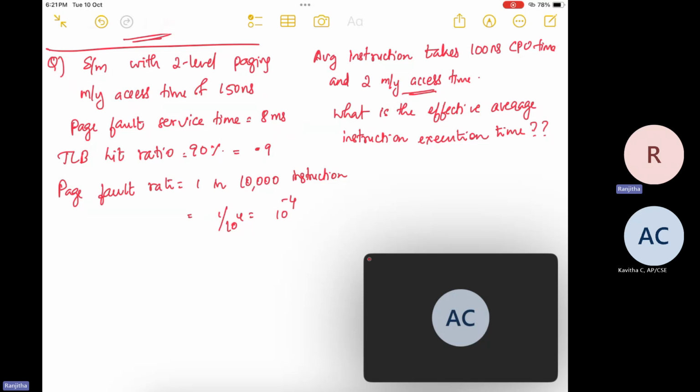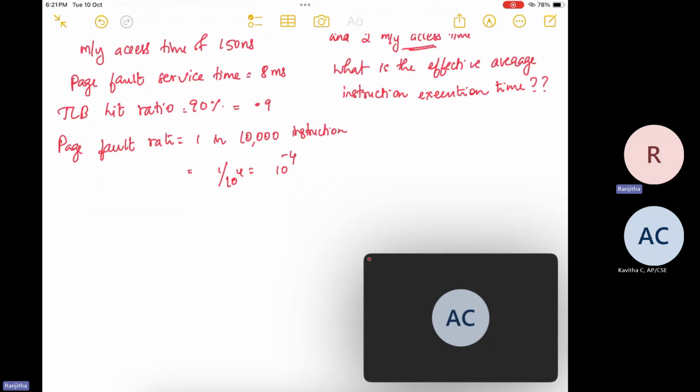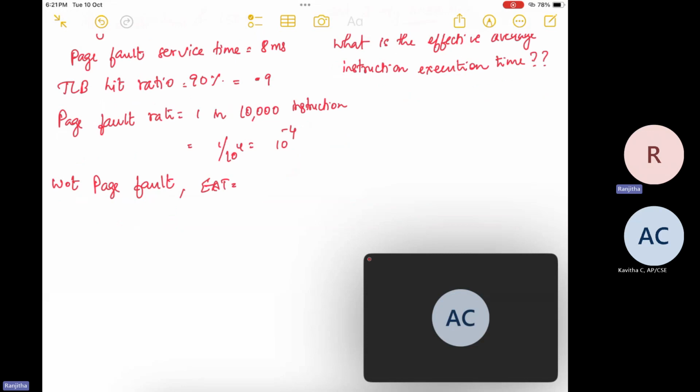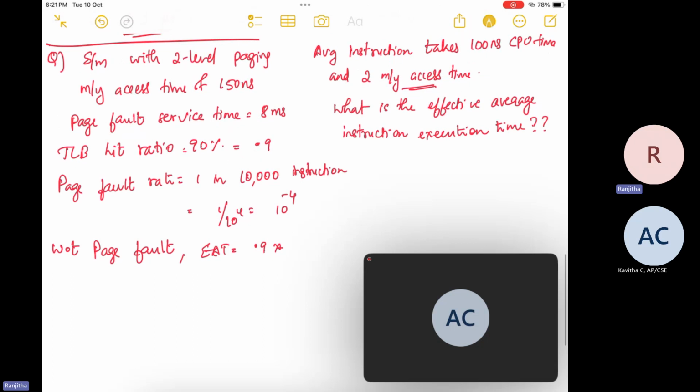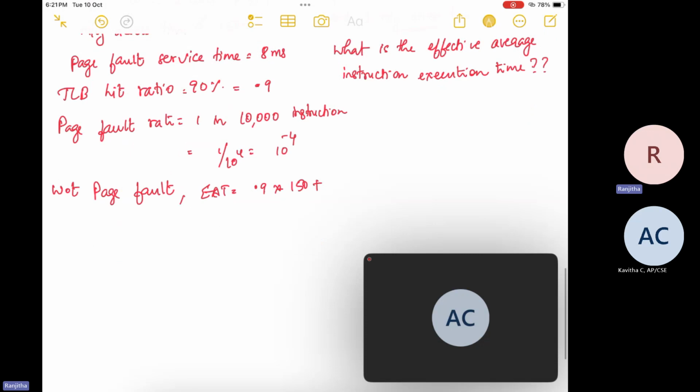So let's compute. Given that it's a two-level paging and the TLB hit ratio is 0.9, let's compute the effective access time using the initial formula. Without page fault, the effective access time equals the TLB hit ratio, 0.9, into the memory access time, that is 150, plus the TLB miss rate.